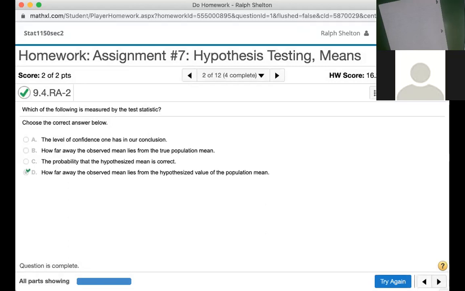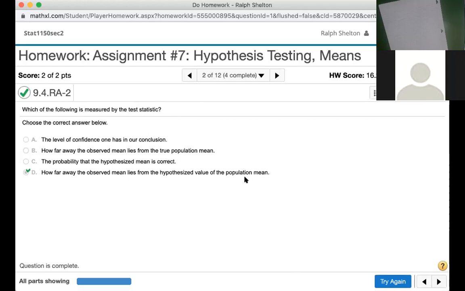The hypothesized value is what we call the null hypothesis value. It's the status quo or the claim. Our test statistic comes from the sample, and it counts the number of standard errors away from the proposed population mean we are.